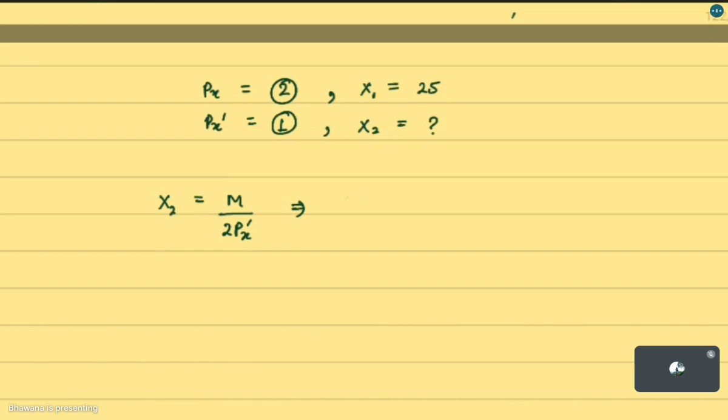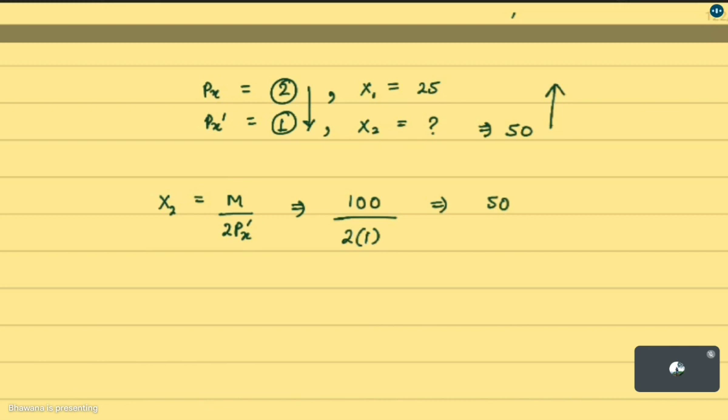So you will get, our income is 100, price is 1, you will get 50. So your x2 will be 50. So जैसे आपके price 2 से 1 हुए, आपका overall quantity demanded of x2 increase हो गया.